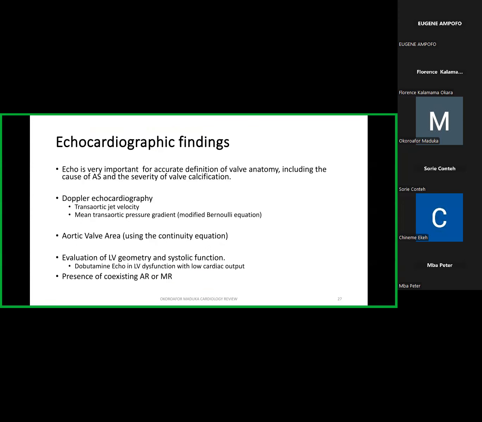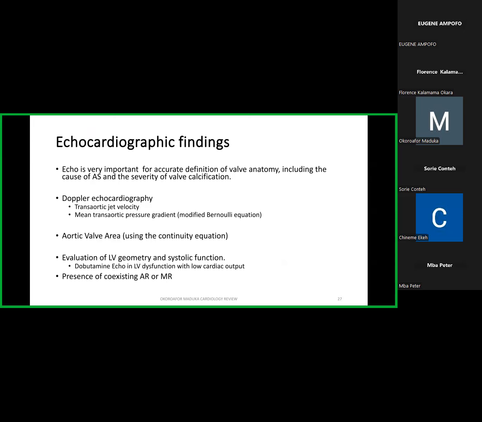So, on echocardiography findings: echocardiography is important in evaluating a patient with aortic stenosis. We look at the Doppler echocardiography, where you look at the transaortic jet velocity and the transaortic pressure gradient.